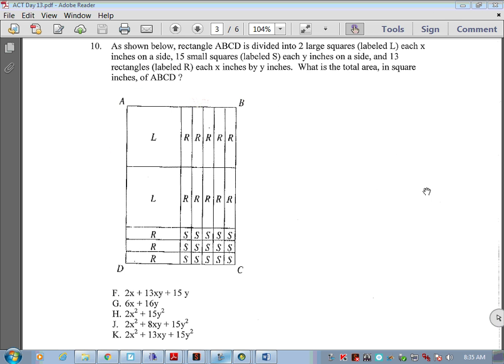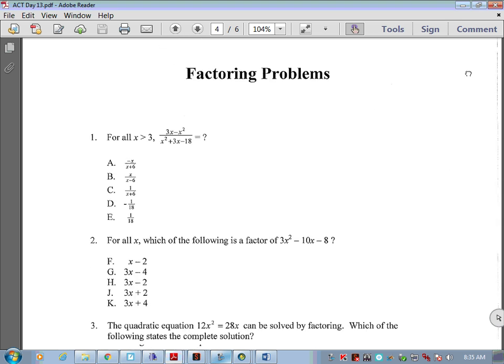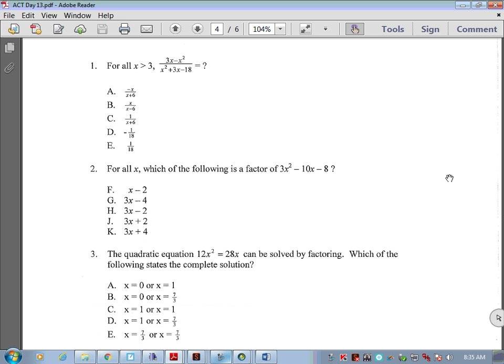All right, let's come down to factoring. Let's see, factoring 1 through 4. Number 1, okay? For all x being greater than 3, we want 3x minus x squared over x squared plus 3x minus 18. The first thing I would do with my top portion is rearrange it so that it was negative x squared plus 3x.